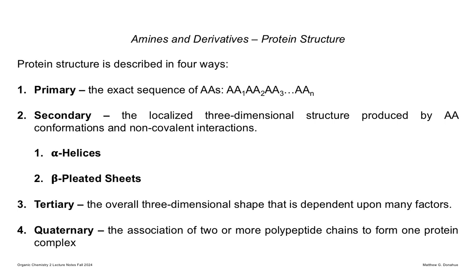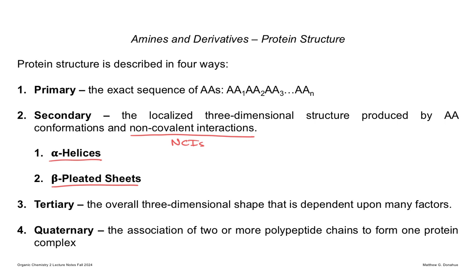So as we've seen, the primary structure is the exact sequence of amino acids. The secondary structure is the localized 3D structure produced by the conformations and non-covalent interactions. So those are called NCIs. Two main things you'll want to be familiar with are alpha helices and then beta pleated sheets.